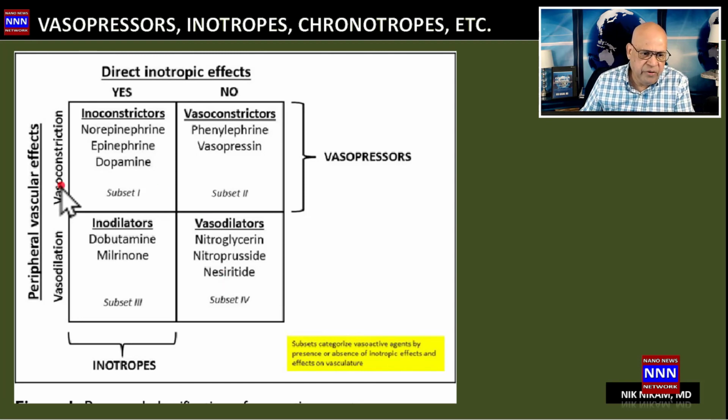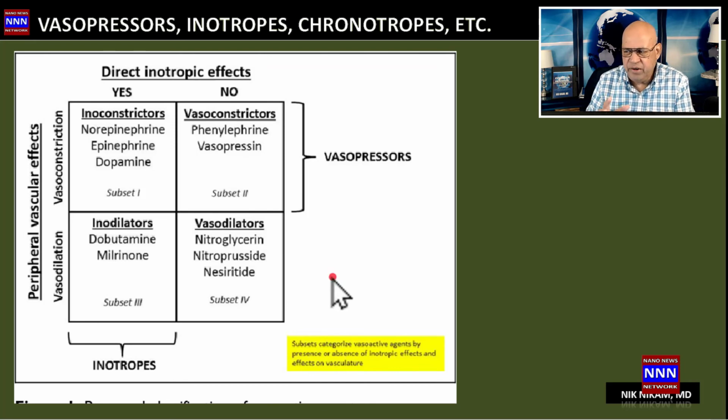Whereas if you are purely looking for vasoconstriction with no need for an inotropic effect, you look at phenylephrine or vasopressin, which is used in patients with distributive shock like sepsis or neurogenic shock.